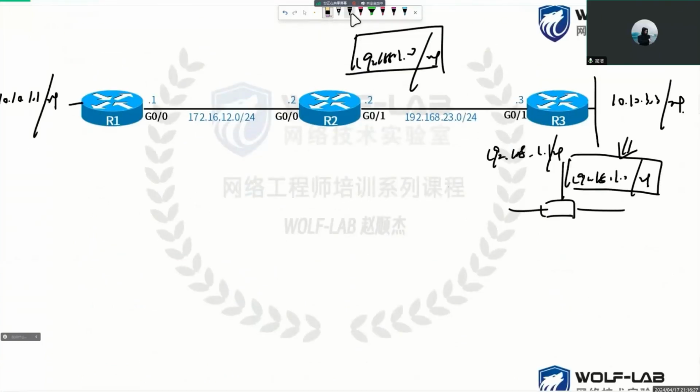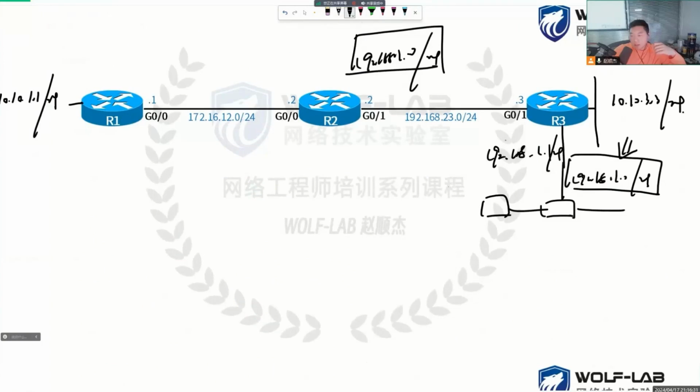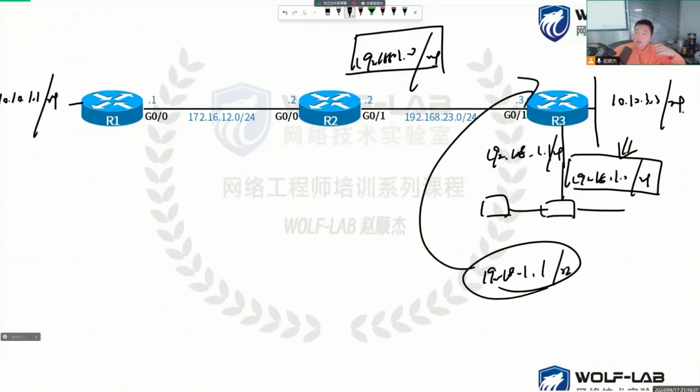Originally 1.2 can pass, because on R3 my network 192.168.1.1/32 is used to let my interface be matched by this network segment, letting the interface run our EIGRP. It's for activating the interface. So after activating the interface, what is actually put in is its direct route.